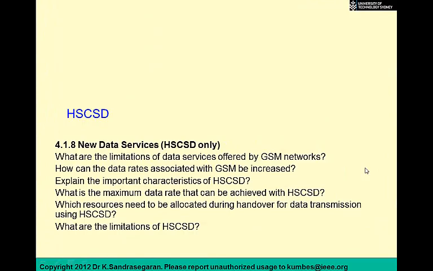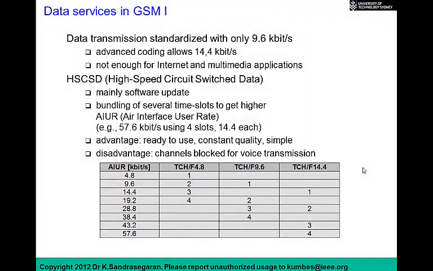Another aspect of GSM is HSCSD. HSCSD is a technology that improves or increases the data rate available on GSM, and the way this was done was by putting a number of time slots together.